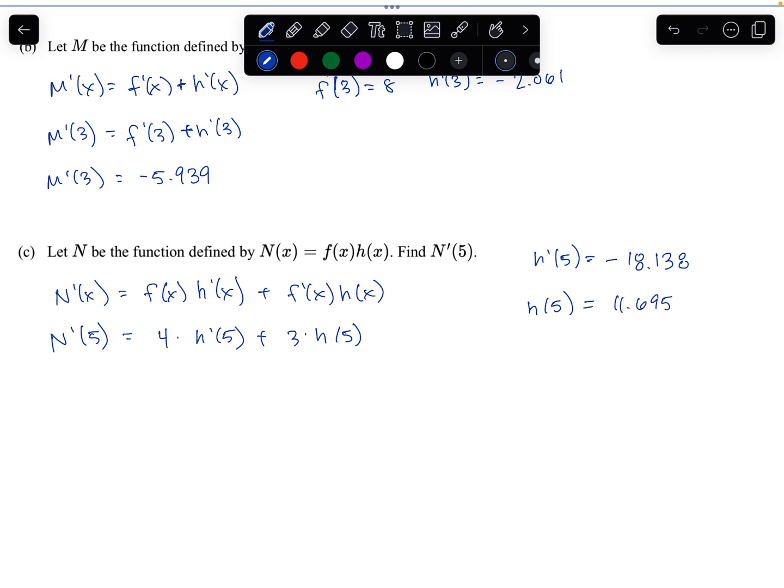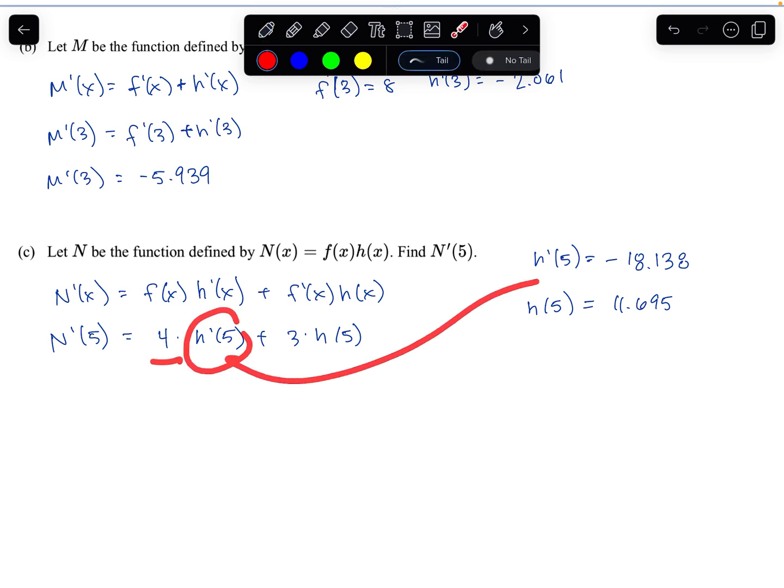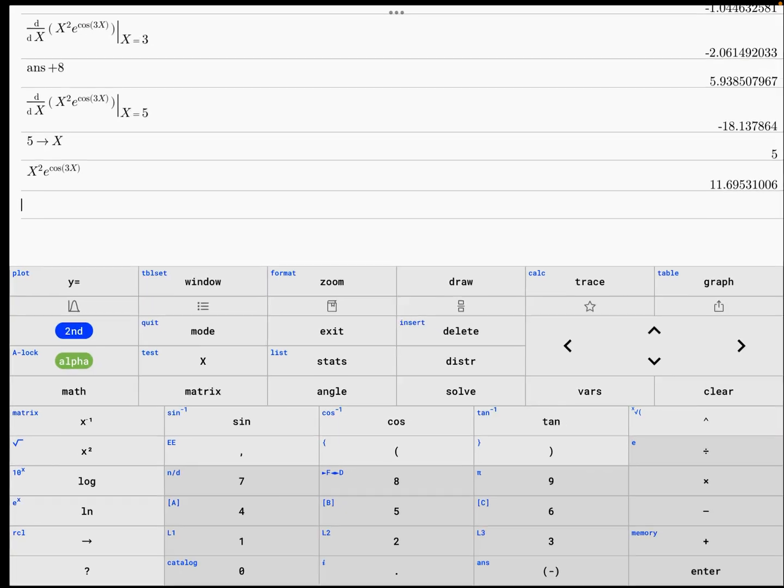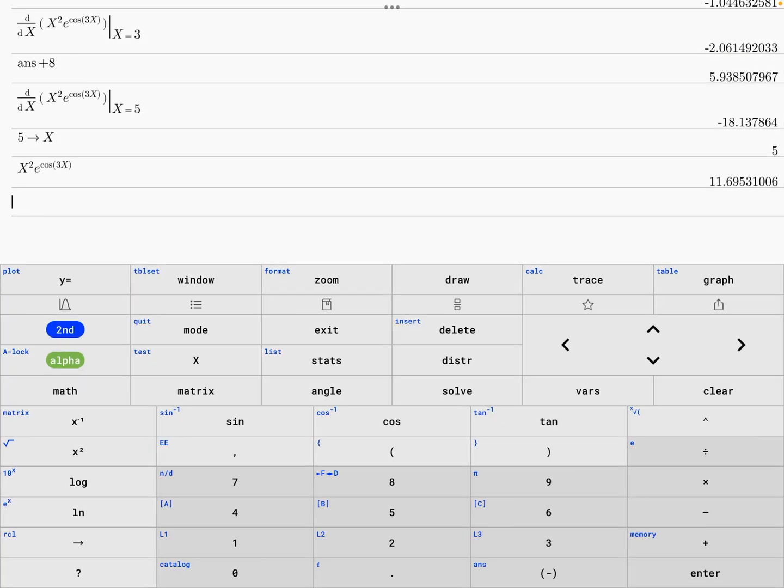Okay, so now I'm just going to put this all into my calculator. It's got to be 4 times this right here plus 3 times that right there. So we're going to do 4 times h prime, and I have that right here, and then plus 3 times this right here.